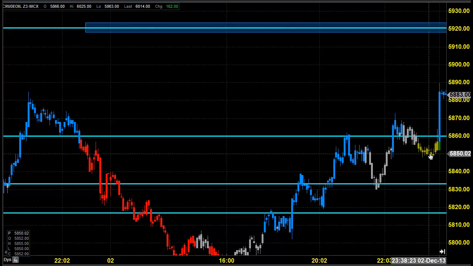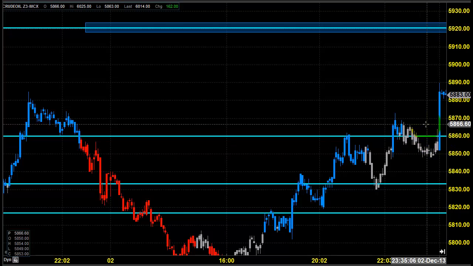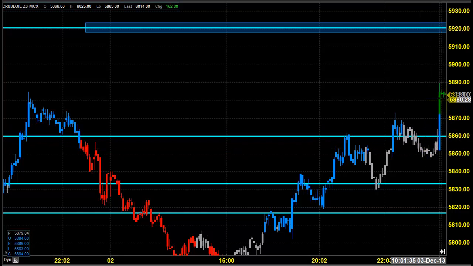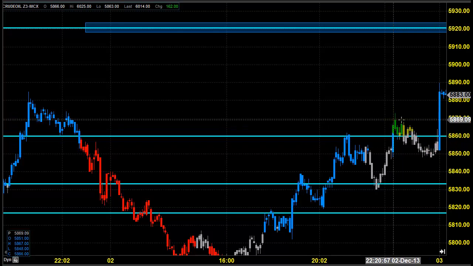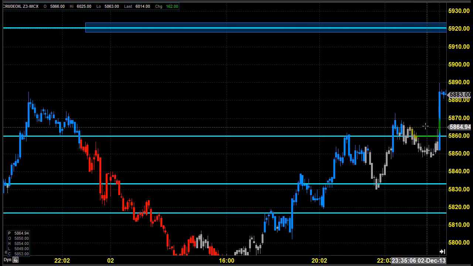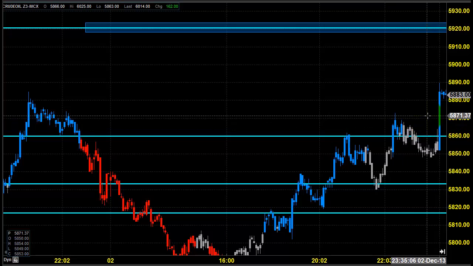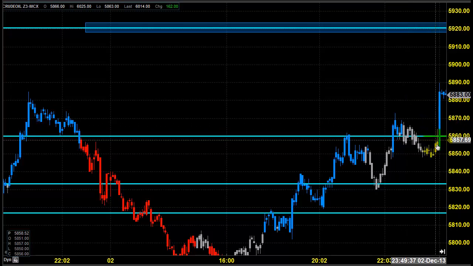What we expected yesterday was, since the price had opened exactly as per our expectation, just above 5860 and above the high of the previous day 5870, we expected that crude will have some buying around 5860.